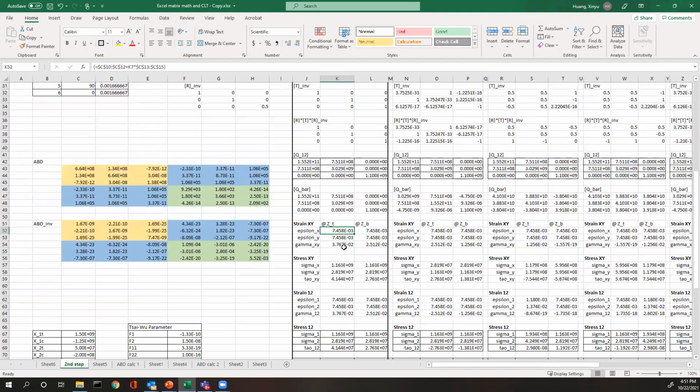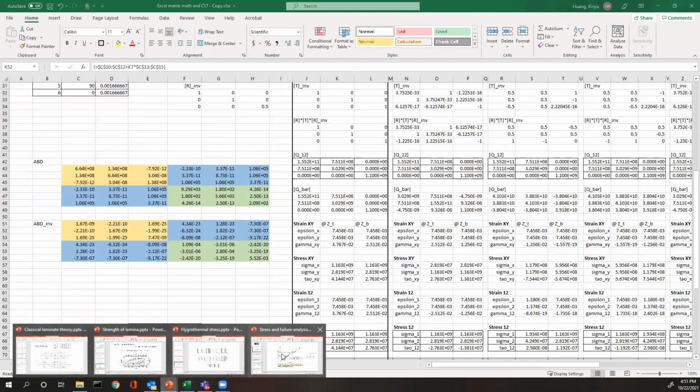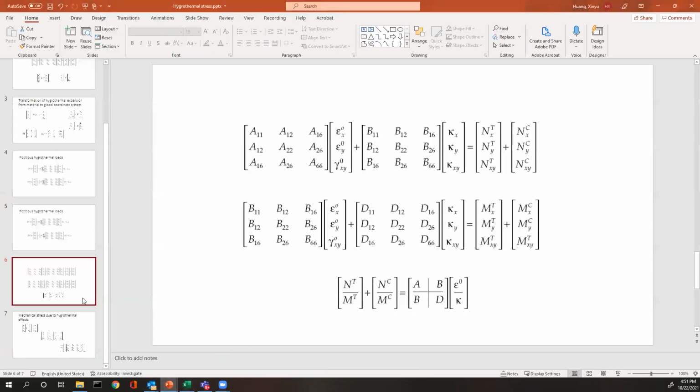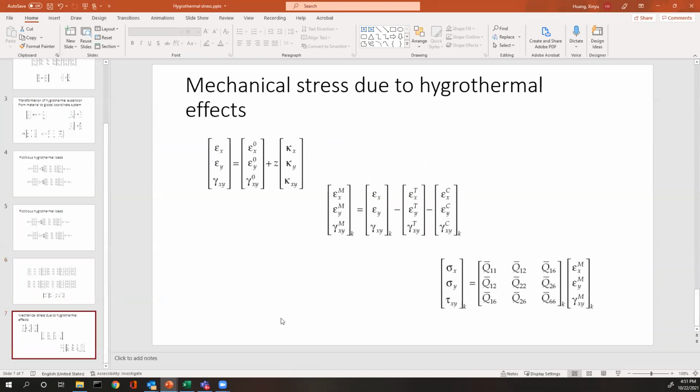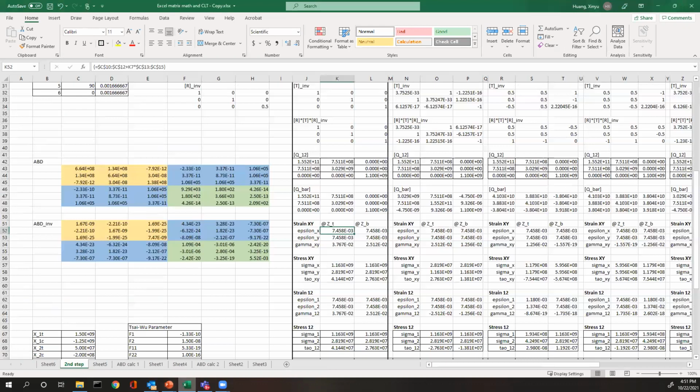All right. Then I can go back to this slide. That basically is the stress calculation here. No, strain calculation. I calculate strain first. Sorry, yeah, strain calculation first with the equation here.